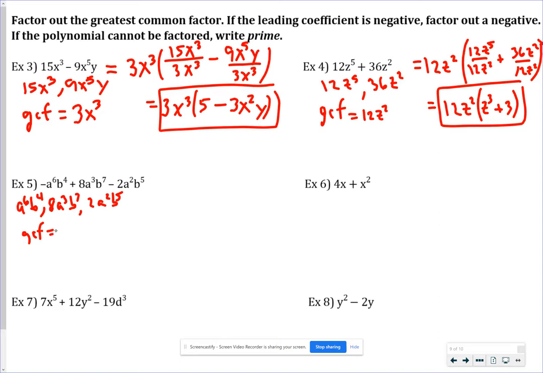The GCF there is 1. But then we have to have an a to the 2nd. That's this guy right here. And b to the 4th. So we're going to factor out a negative a squared b to the 4th. So each of the terms we have to divide by negative a squared b to the 4th.